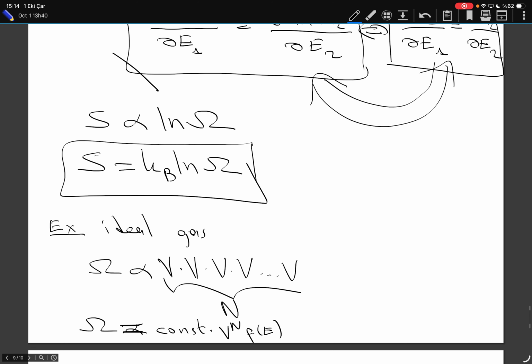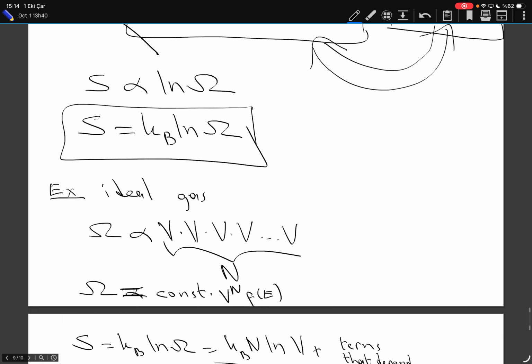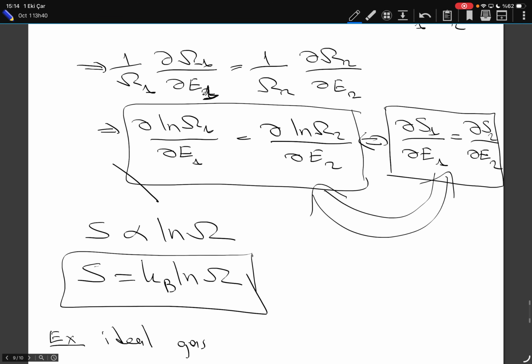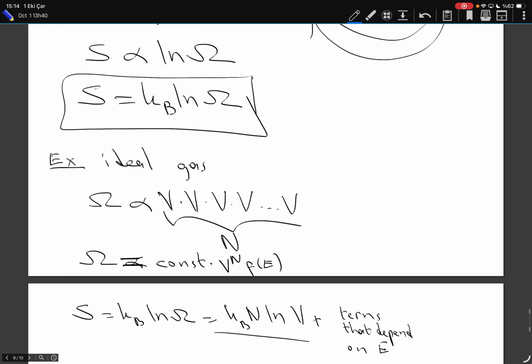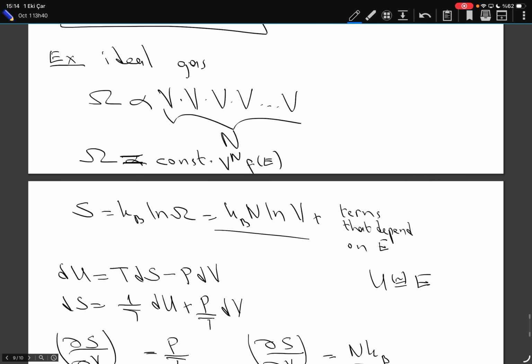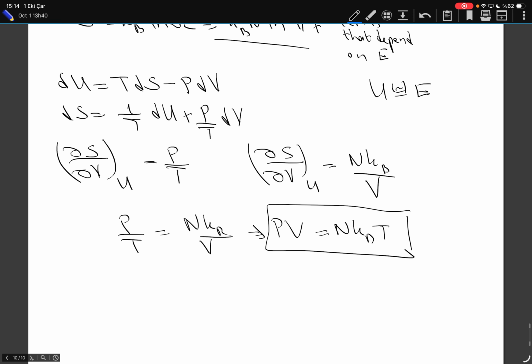But typically, I would expect the number of points within my volume to be proportional to V, so the number of microstates of this n-particle system should be proportional to V to the n. I made some very simple assumptions, and once I identified the relation between the entropy and the number of microstates, in just a few lines this led me to the ideal gas equation of state. So at least I know that I'm on the right track. Questions?